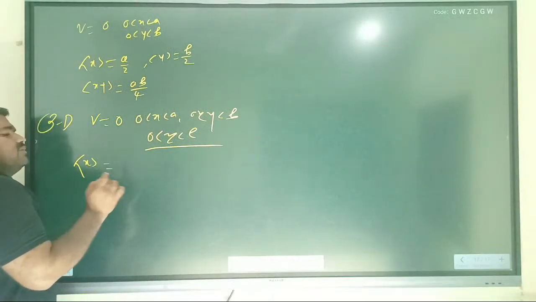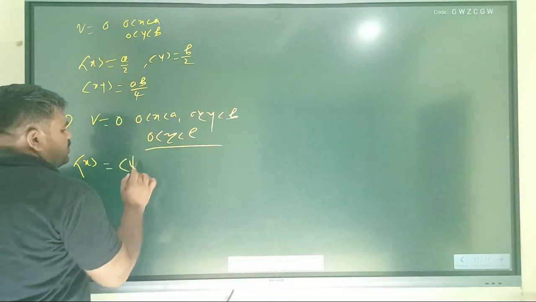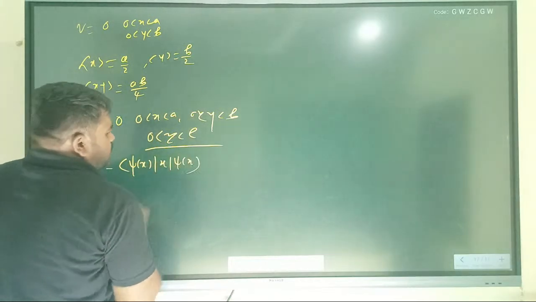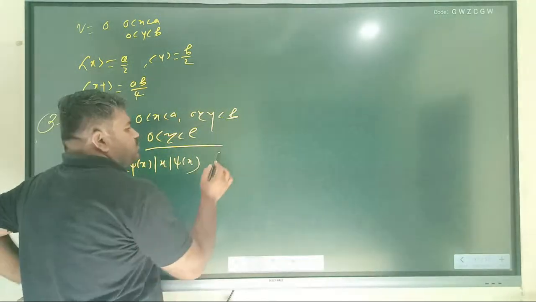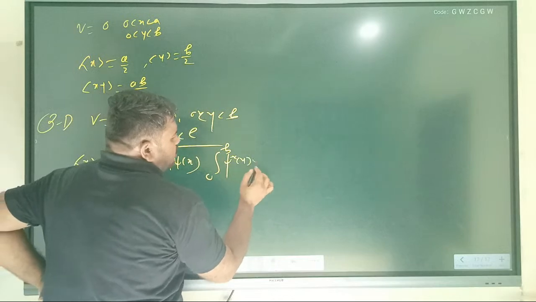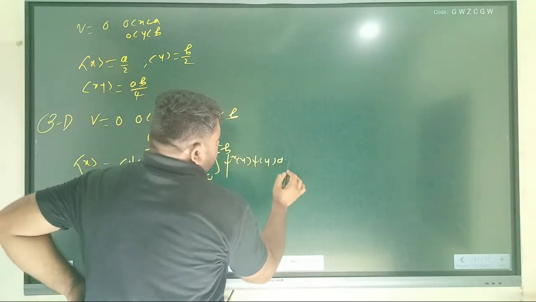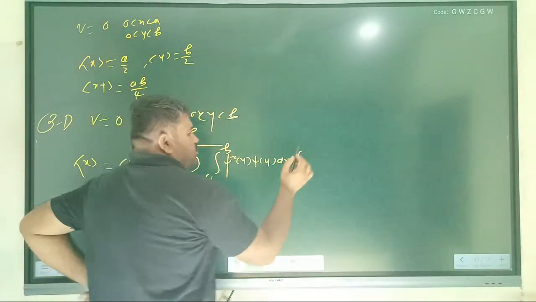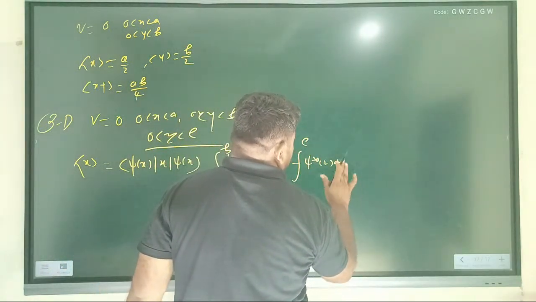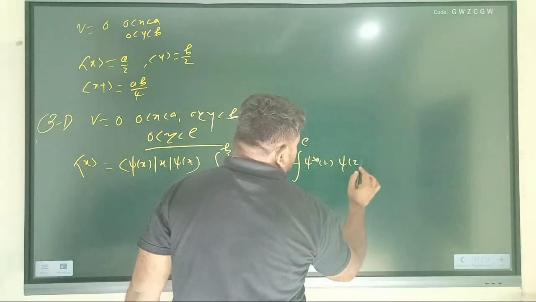The expectation of x is equal to, look, psi of x, and the second one will be the integral from 0 to b of psi star of y into psi of y into dy, into the integral from 0 to c of psi star of z into psi of z into dz.